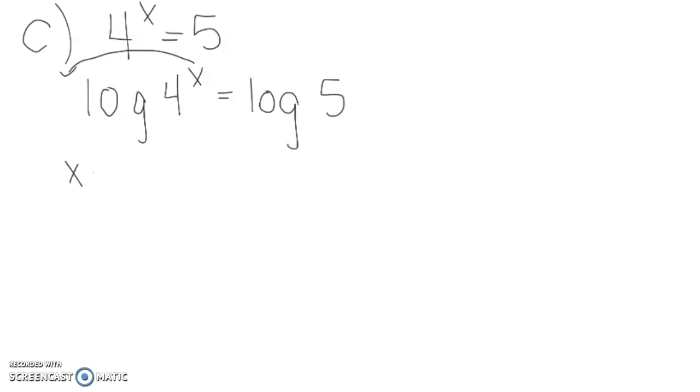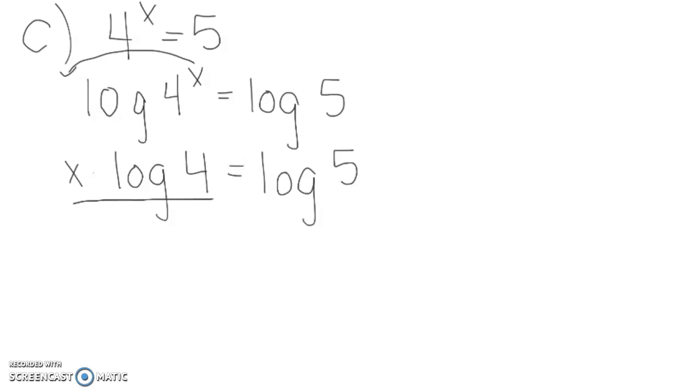So you end up with x times log of 4 equals log of 5. Then you want to get x by itself, so divide both sides by log of 4. So then you end up with x equals log of 5 divided by log of 4.